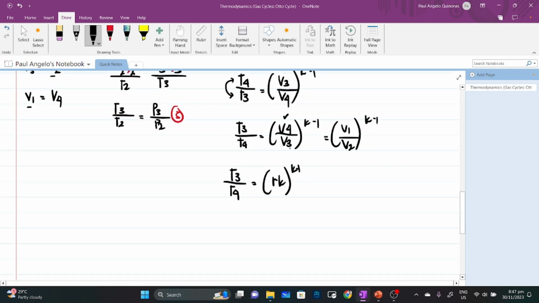Solving for T sub 3, I can cross multiply at the right side. I will have T3 is equal to T4 RK raised to K minus 1.